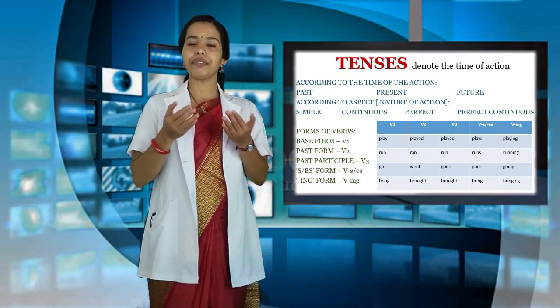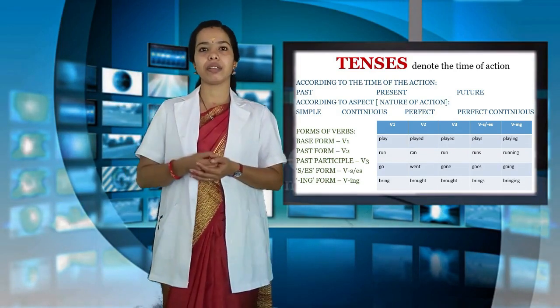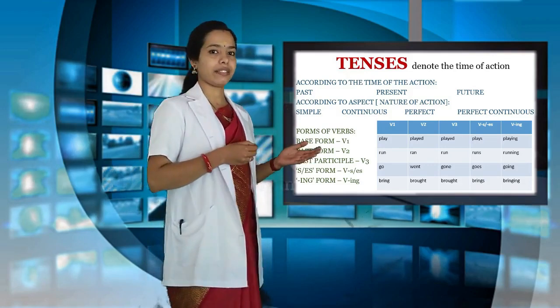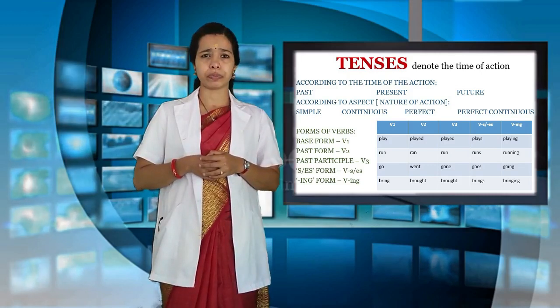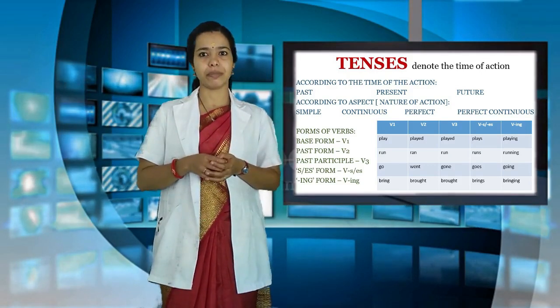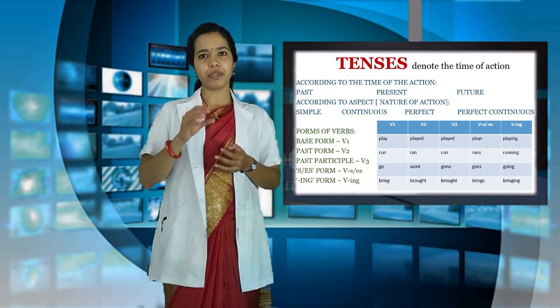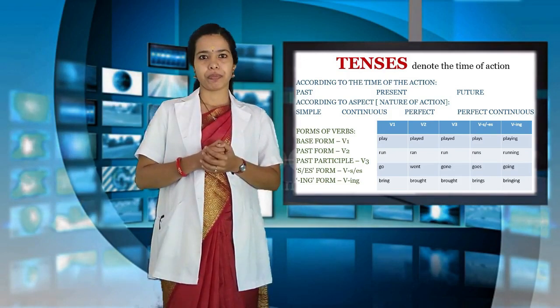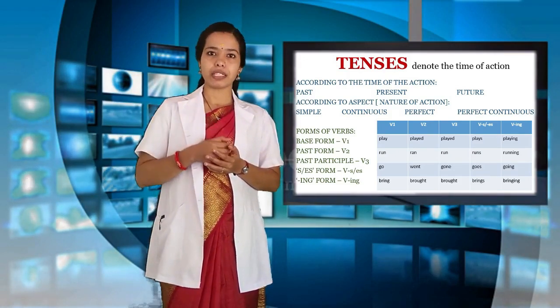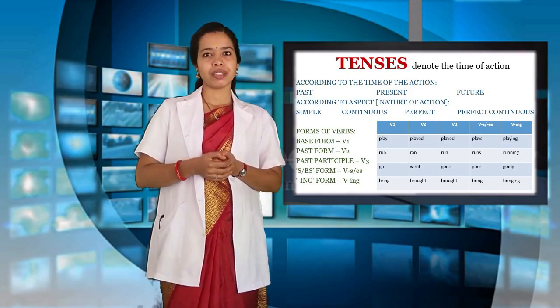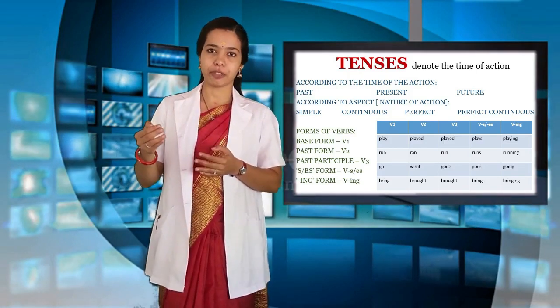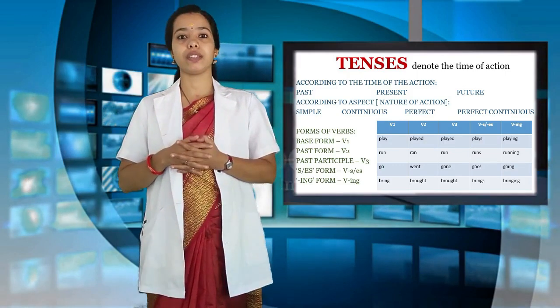And before we go into detail about each one of these tense forms, you must know about the forms of verbs. This also you have studied before. Every verb has a base form and then a past form, a simple past form, which we can represent as V2. Then a past participle form, generally termed V3.